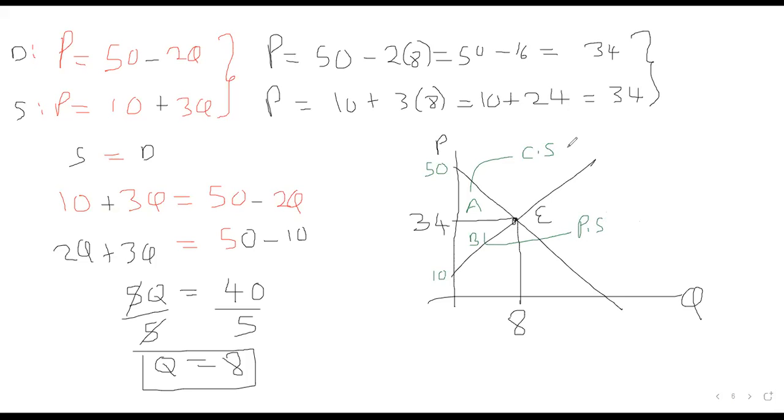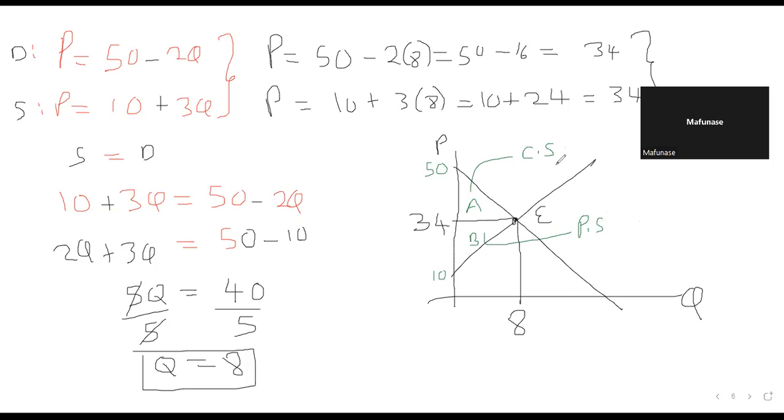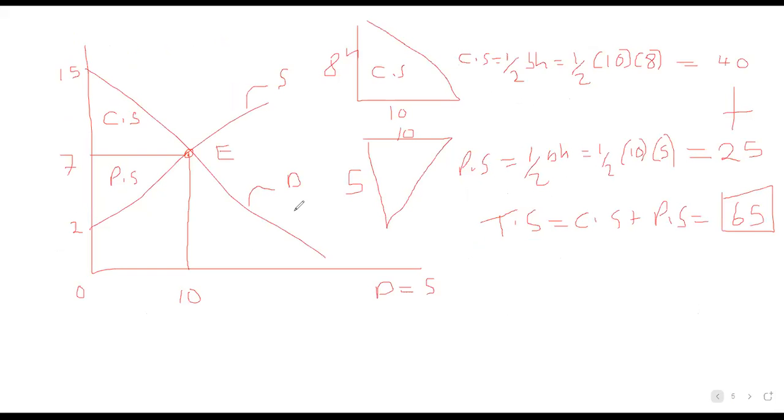So how did you determine that? Yeah. The area under the demand is called the consumer surplus. In the notes that I was explaining just now, this area under the demand function is called the consumer surplus. This area above the supply is called the producer surplus.